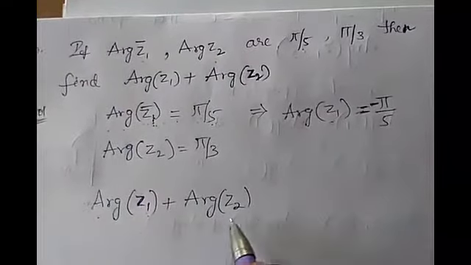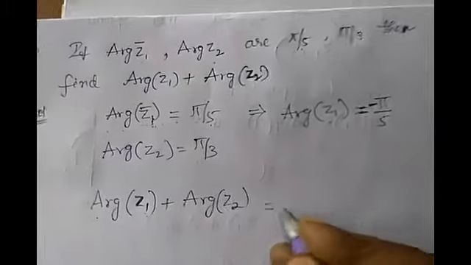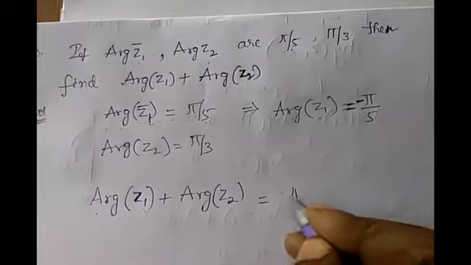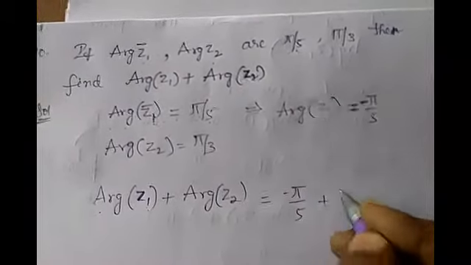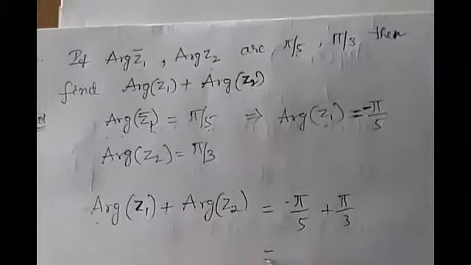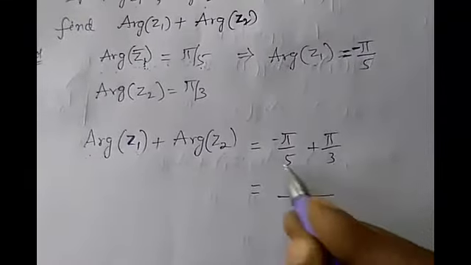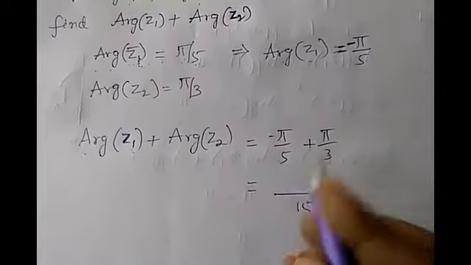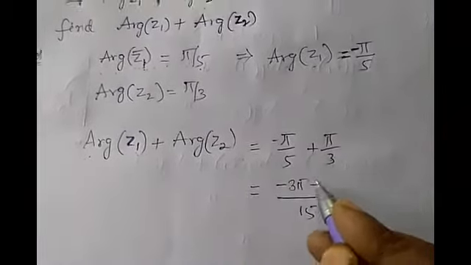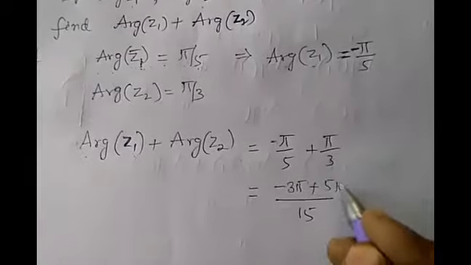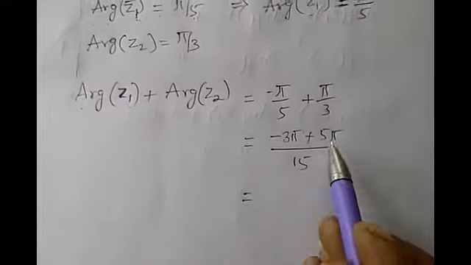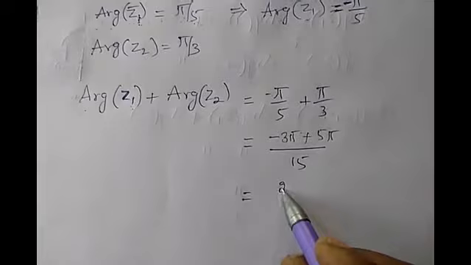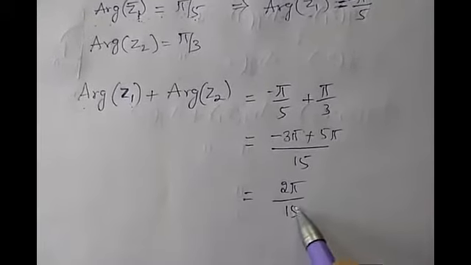So argument of Z1 plus argument of Z2 becomes what? Minus pi by 5 plus pi by 3. Take LCM, 15. Cross multiply it. Minus 3 pi plus 5 pi, that is 5 pi minus 3 pi gives 2 pi by 15.